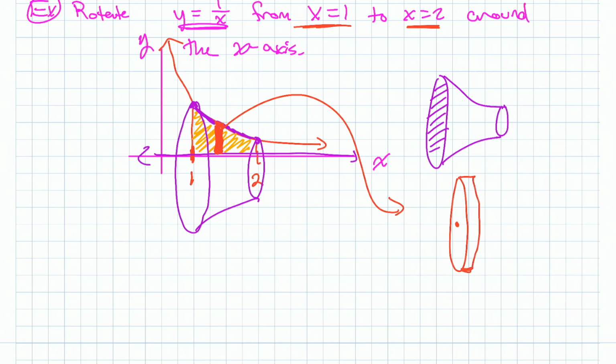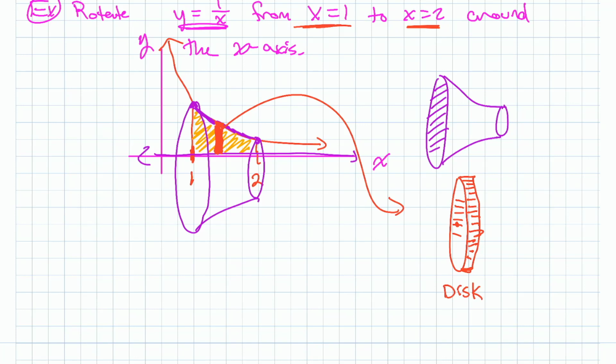It looks like a coin on its edge. Does that make sense? This is the sides, and this is the face of the coin. That's what you get, and this is a disc.